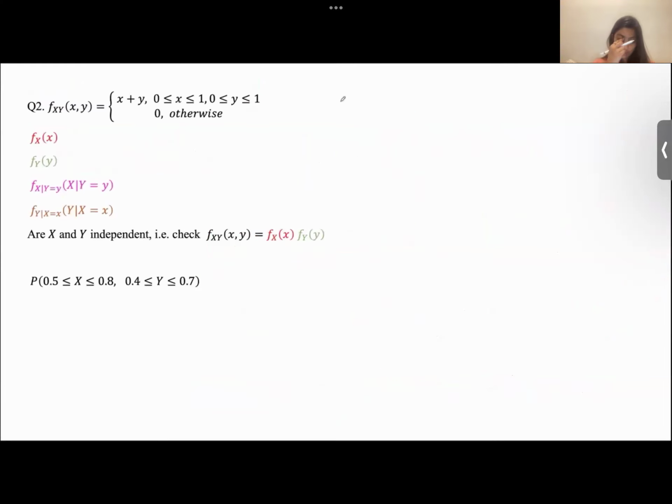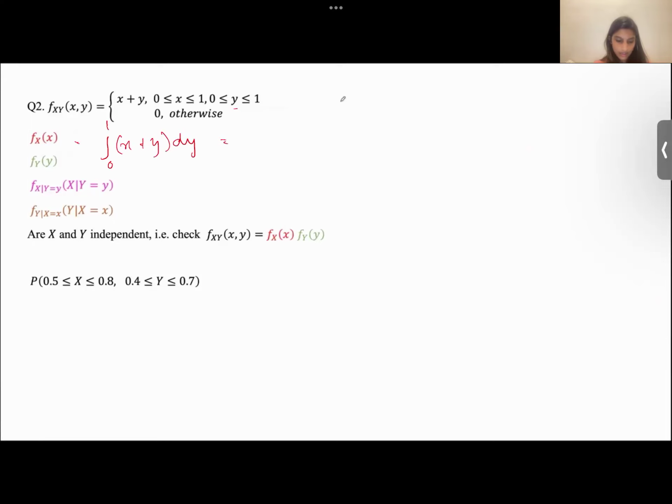So now in this case we have a continuous random variable, and we have to calculate the marginal probability and the conditional probability. So this will be quite simple, I guess. Let's first calculate f of x, the marginal probability. For the marginal probability of x, you have to apply limits of y. The limits of y are 0 to 1. So integral from 0 to 1 of x plus y dy.